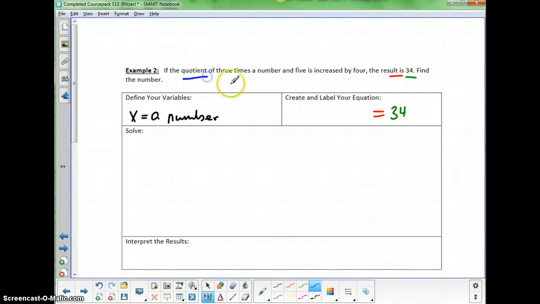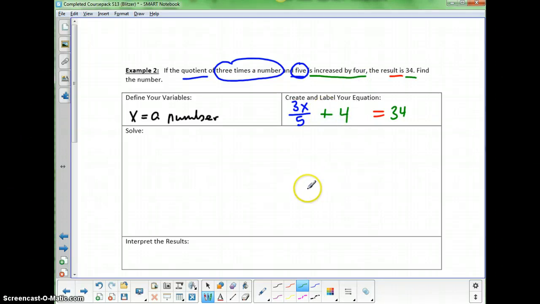If the quotient of, and here are the two parts of the quotient, one of them is 3 times a number, and the other one is 5, so the quotient of 3 times a number and 5, so I'm going to write that as 3 times a number and 5 in a quotient, is increased by 4. Increased by is a word for addition, by 4. The result is, that's my equals 34. Okay, so that's how I would write this equation.